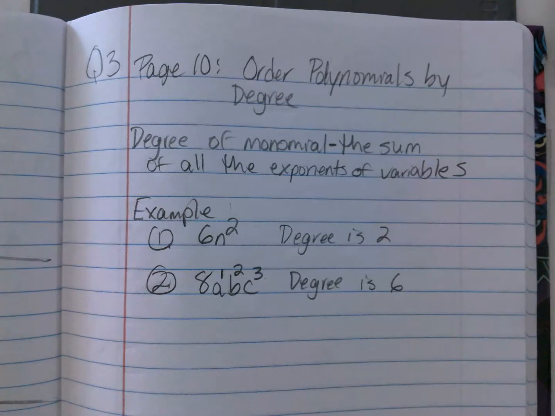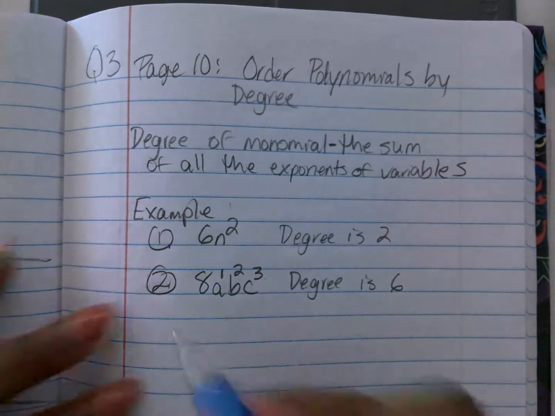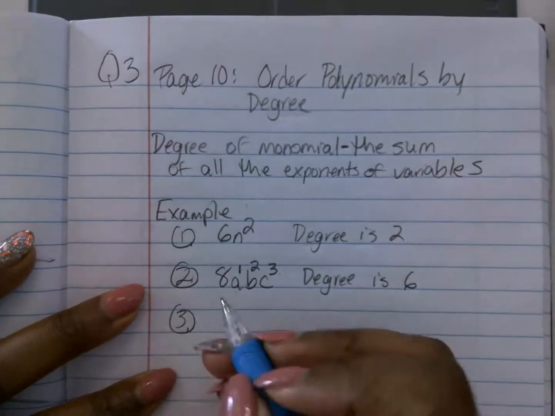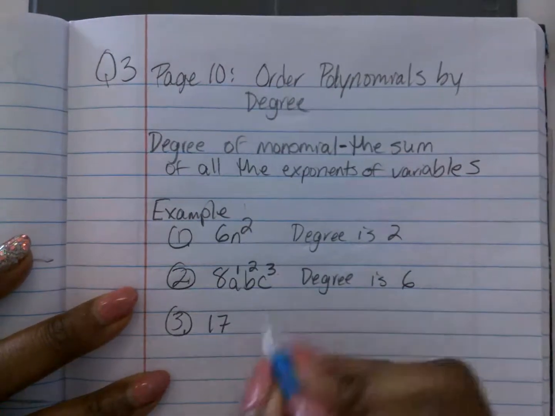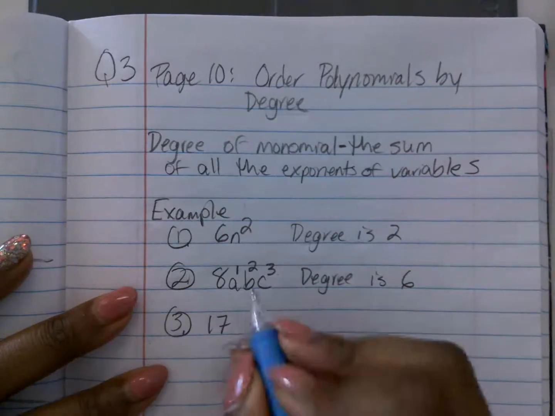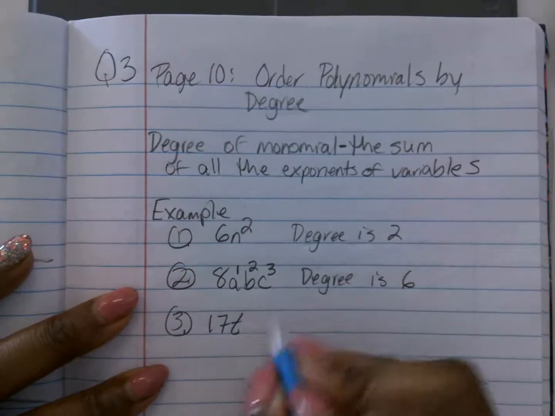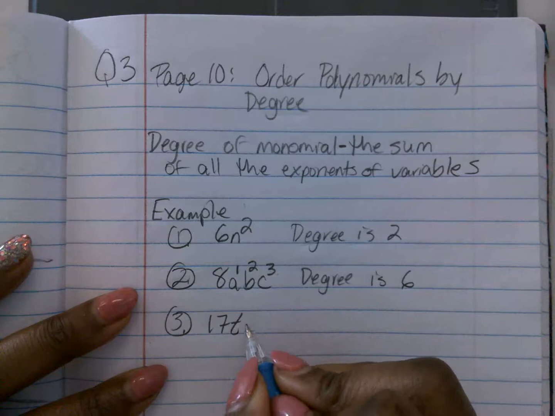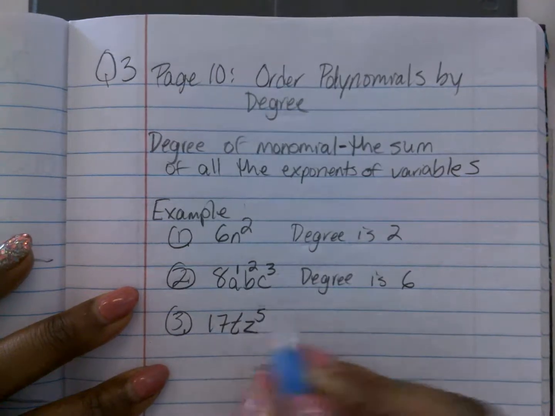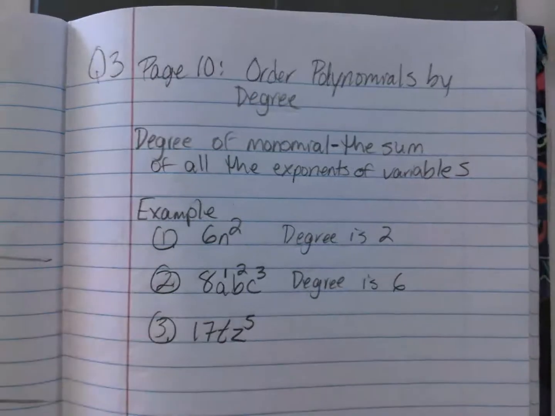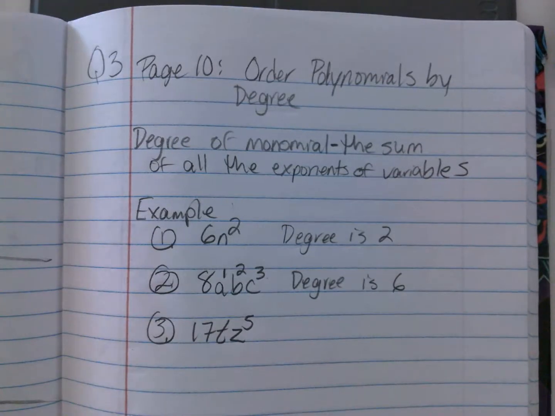Okay, let's try another one. Number 3. I'm going to let you try number 3 on your own. Let's do 17, T, Z to the 5th power. What is the degree there? 5. Robert, what answer did you get?